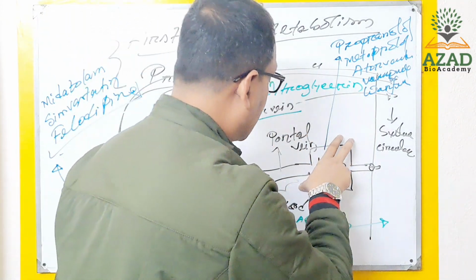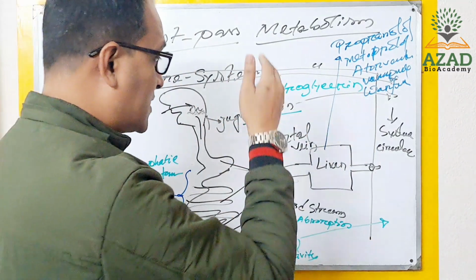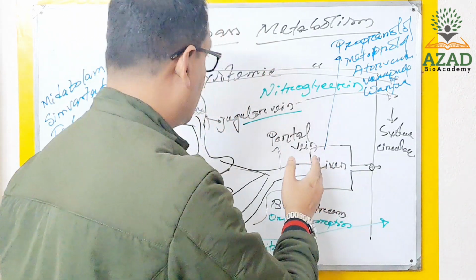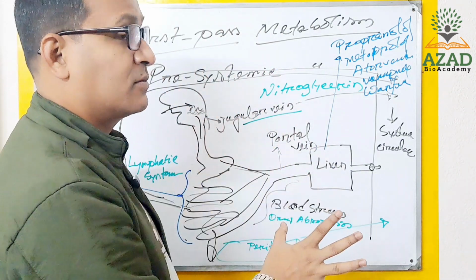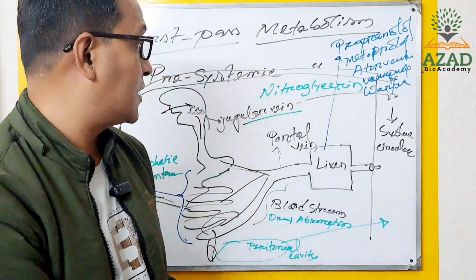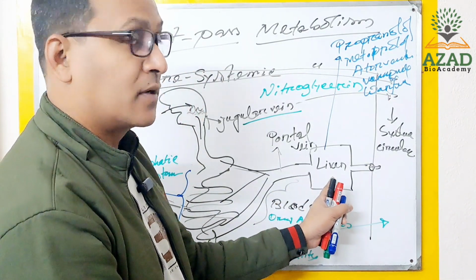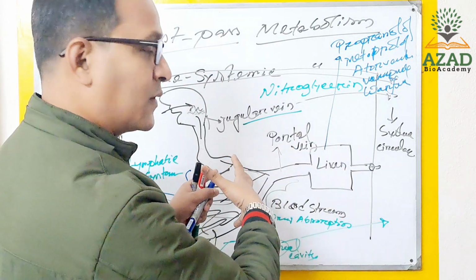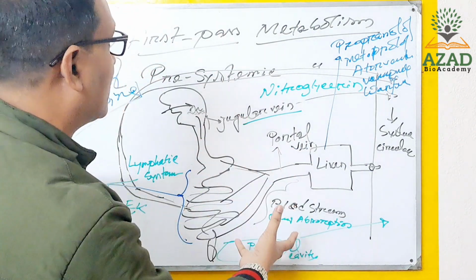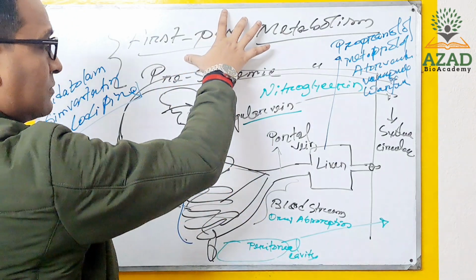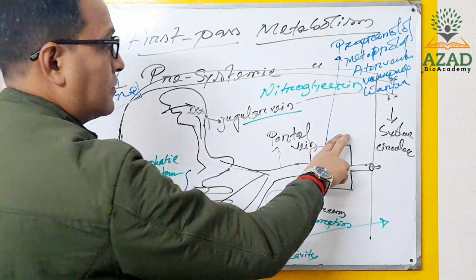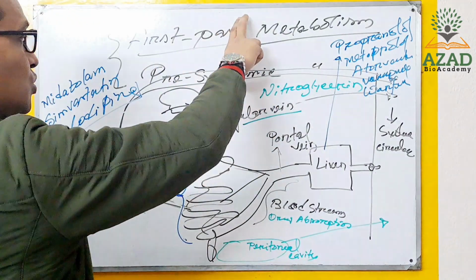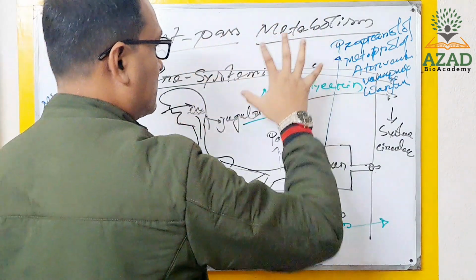So this is the real first pass. This is the real first encounter, real first checkpoint. So first pass metabolism is basically considered when the drug metabolizes in the liver. Okay, so both are pre-systemic, but significantly you can consider first pass metabolism when the drug metabolizes in the liver. So these are basically two terminologies, first pass metabolism or pre-systemic metabolism.